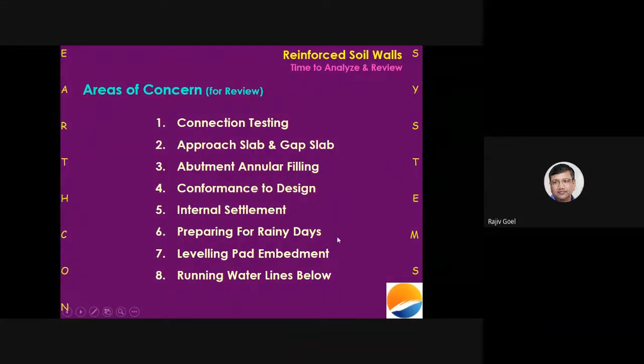Coming to point number 6, preparing for the rainy days. I'll show you many slides and try to tell you that when it rains on an under construction reinforced soil wall, that's the most dangerous situation one needs to take care of.